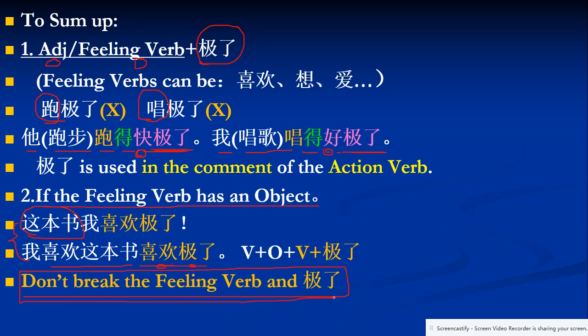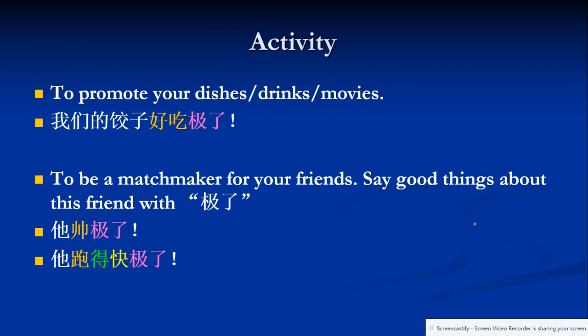Don't break the structure. This is our in-class activity that I want you to prepare for. First one, think of sentences using 极了 to promote your dishes or your drinks or your movies. One example here: 我们的饺子好吃极了。Our dumplings are extremely tasty.